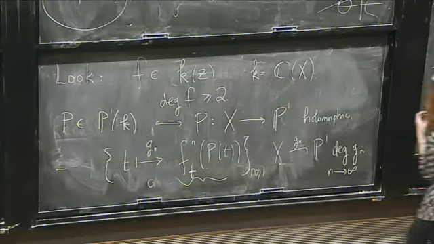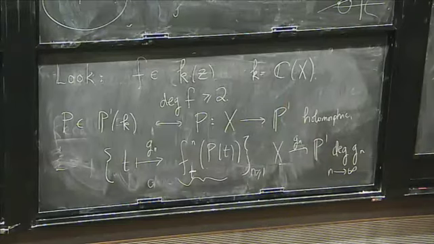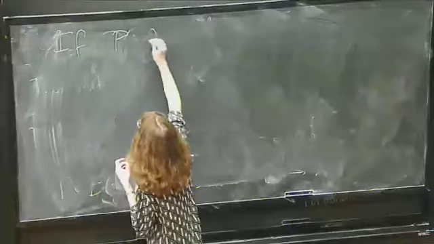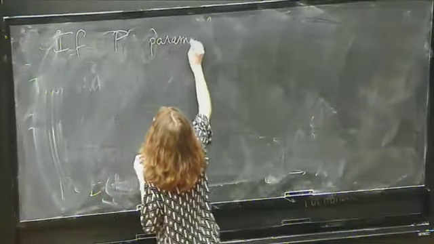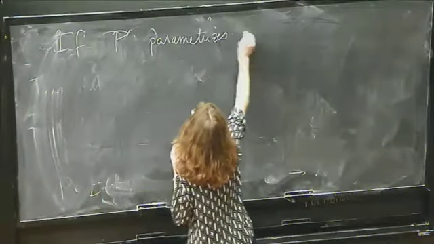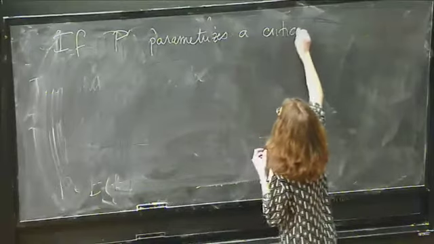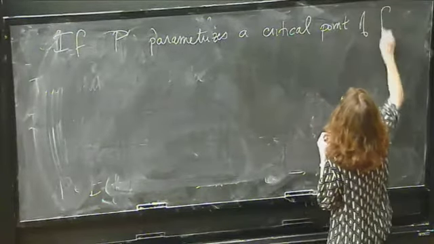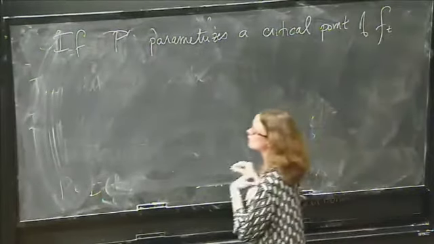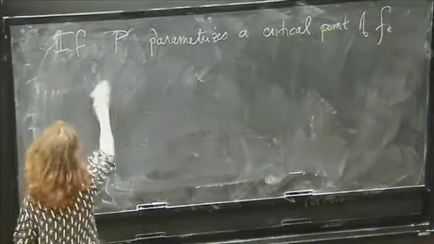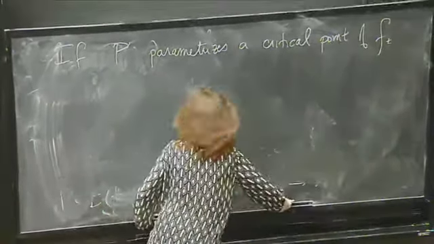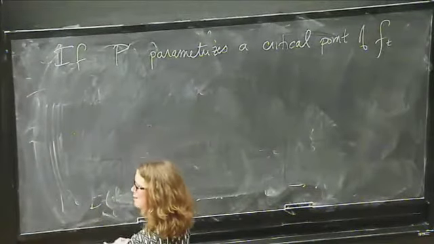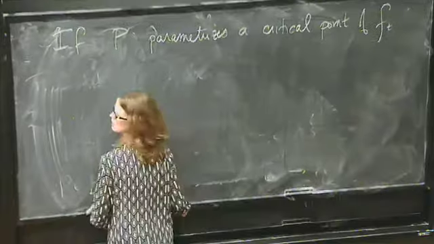Let me just say a few comments here. If P, the point, parameterizes a critical point of this family Ft, then, oh, I didn't define stability. Sorry, let me give a quick definition.